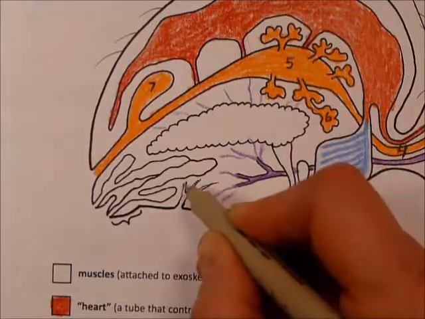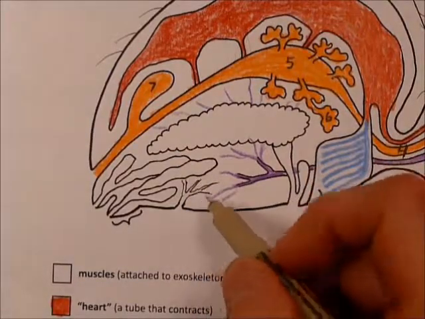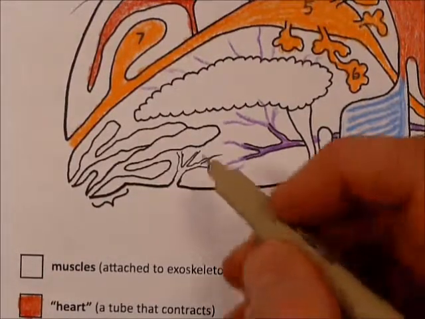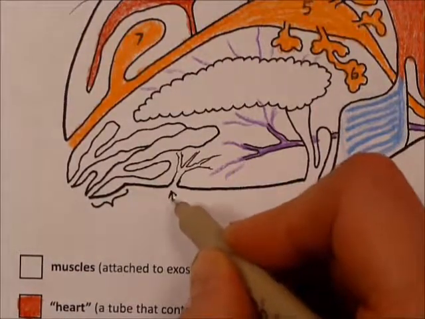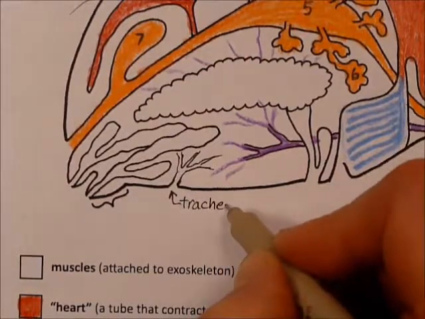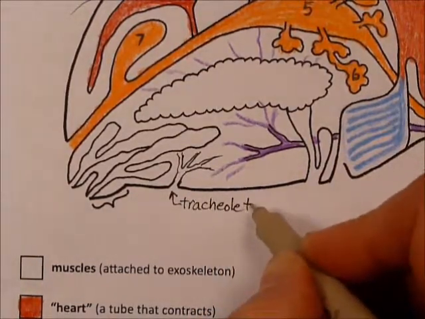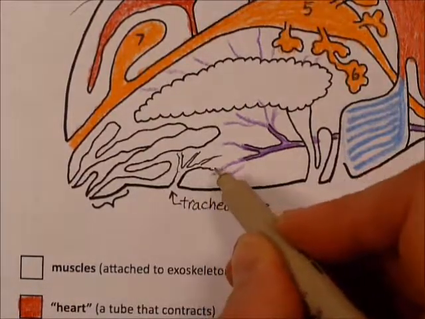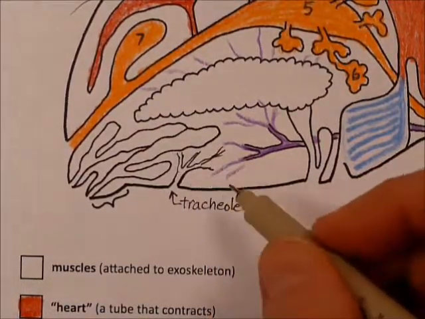So just kind of bring this tube in and branch it off a little bit. You can see that. Point to it, and I'm going to say tracheal tube. So oxygen can go into there as well, very much like it does in an insect.